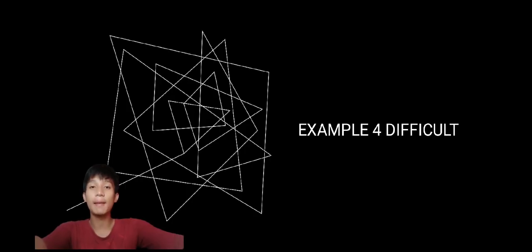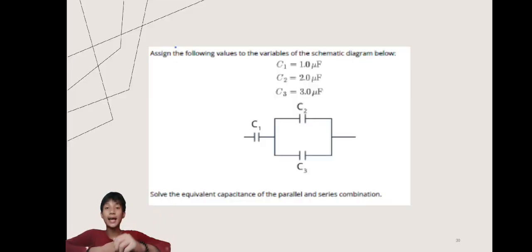Now for example number 4, difficult level. Assign the following values to the variables of the schematic diagram below, and solve the equivalent capacitance of the parallel and series combination. It is actually both, a series as well as a parallel combination. C2 and C3 are in parallel, and both C2 and C3 are in series with C1.